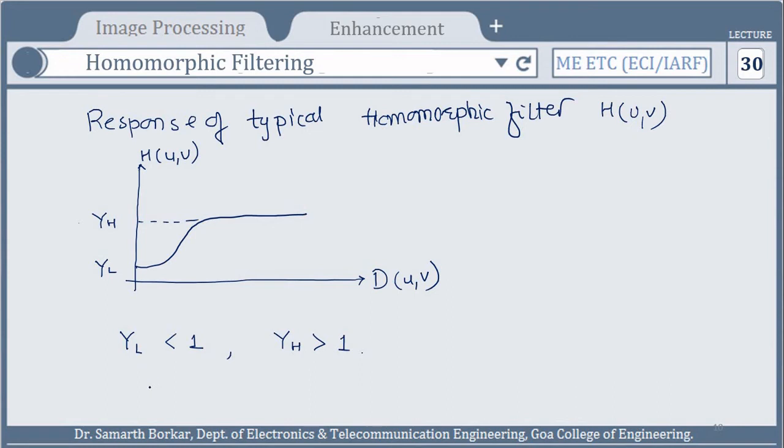Now H of u v tends to decrease the contribution made by low frequencies. Look at the slope here. And it amplifies the contribution made by high frequencies. So let me write this statement: the H of u v tends to decrease the contribution.